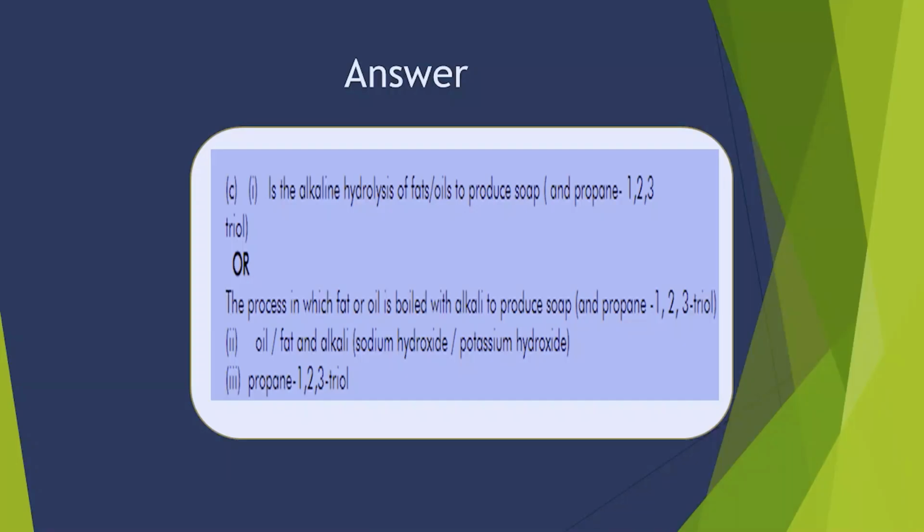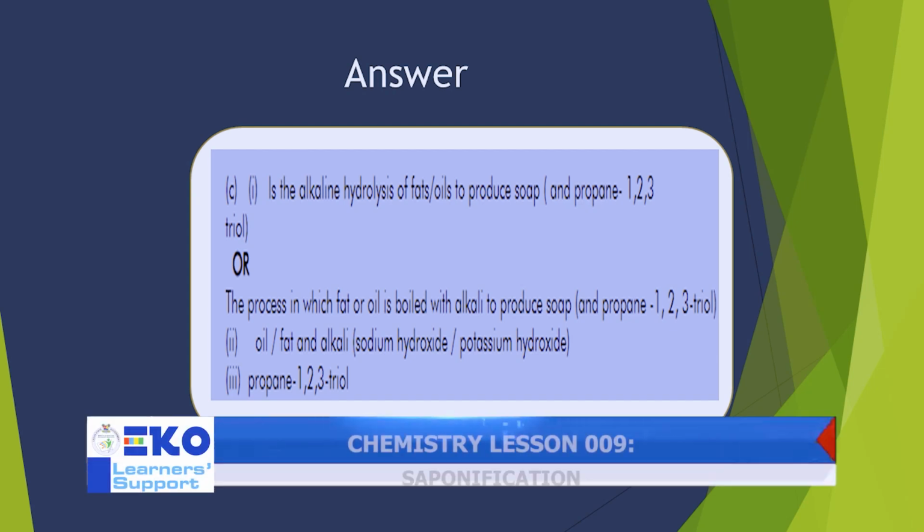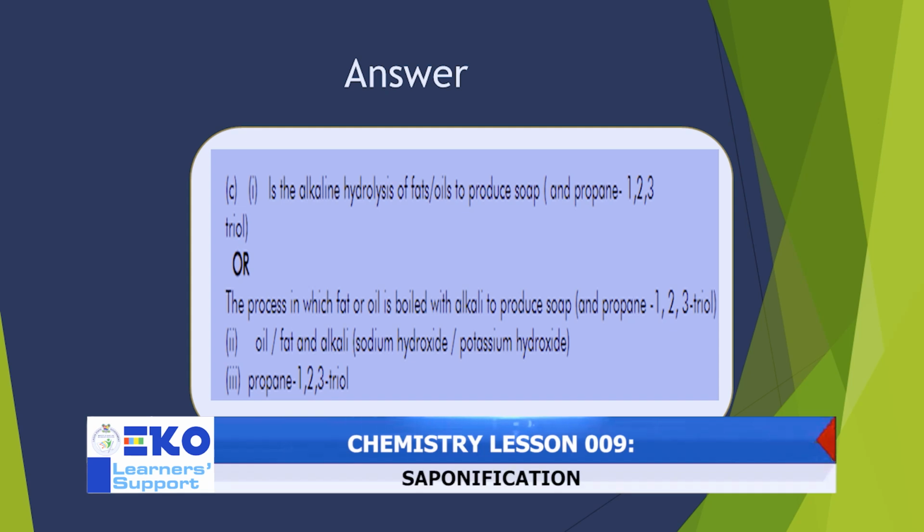So let's see the way they put the answer. Saponification is the alkaline hydrolysis of fats or oil to produce soap and propane 1,2,3 triol for you to get your full mark. Do you understand now? Good.